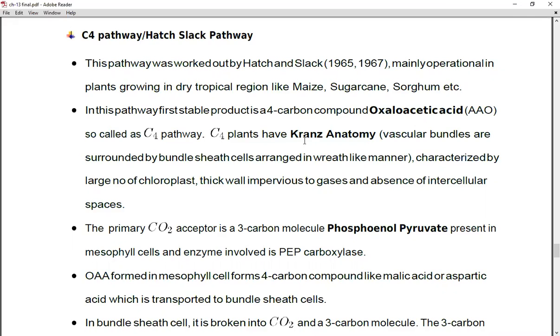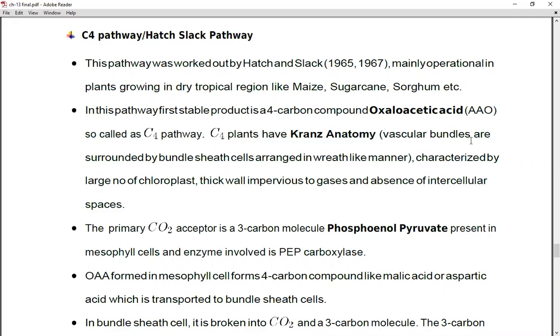So you need to understand what exactly Kranz anatomy is. Kranz anatomy means that the vascular bundles are surrounded by bundle sheath cells in a wreath-like manner. When the vascular bundles are surrounded by specialized cells known as bundle sheath cells, this type of anatomy is known as Kranz anatomy.